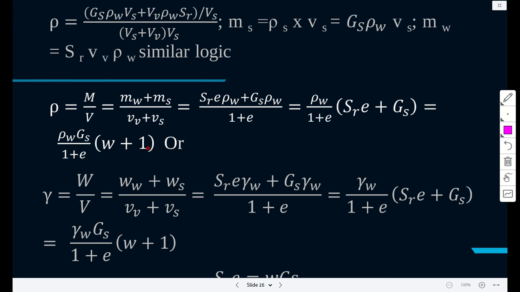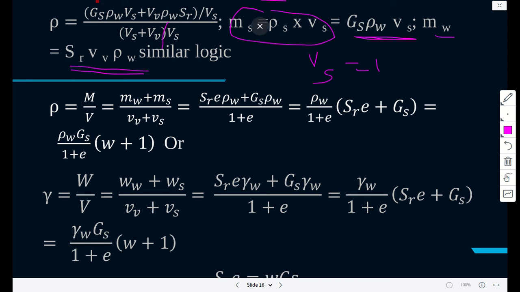To make it simple, I think this is wrong. You should divide by the volume of solids, because the volume of solids is 1. Remember this expression, we have done this so many times, that leads here, and with that the mass of water comes to this.